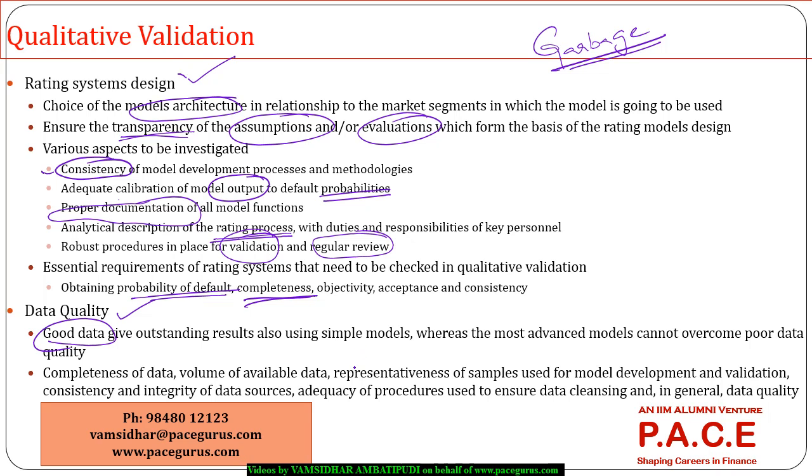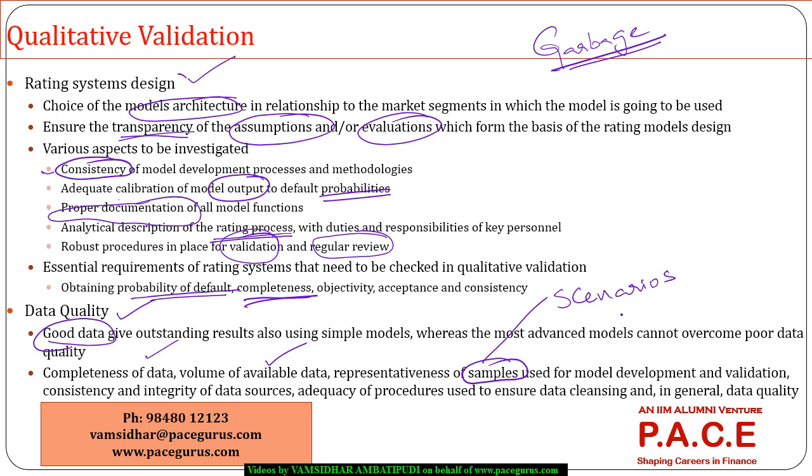If there is poor quality in the data, it really does not work out adequately. Similarly, I need to ensure the completeness of the data. I need to see the volume of the available data, how much data needs to be used to build a rating model. And all the samples, are they representing all the different kinds of scenarios or not?